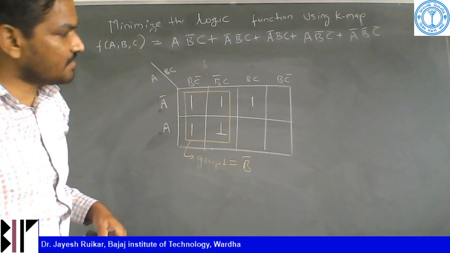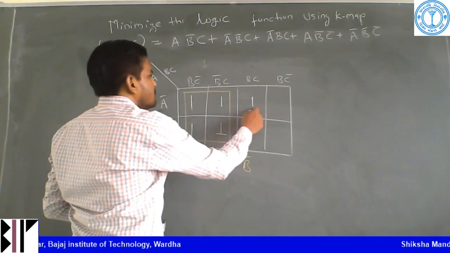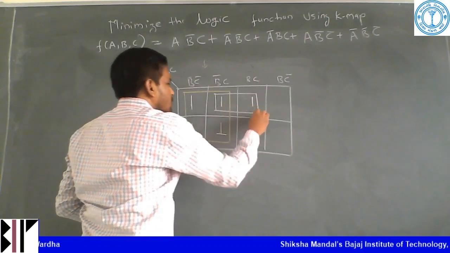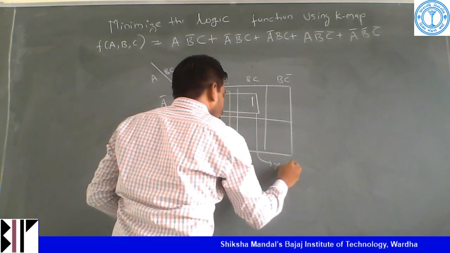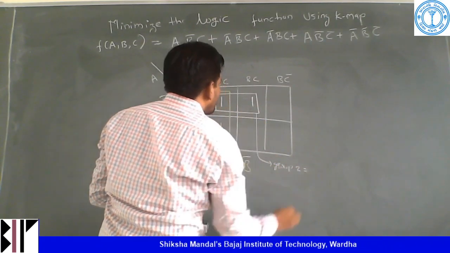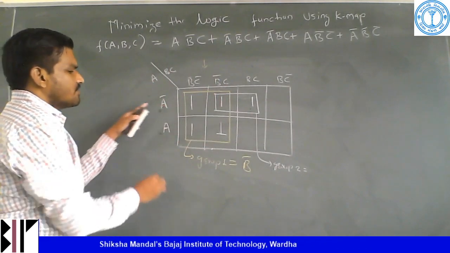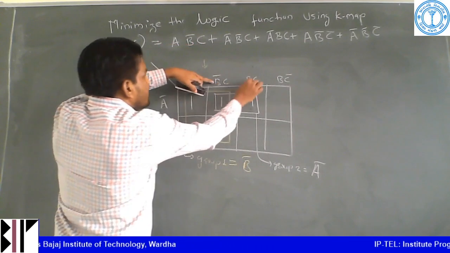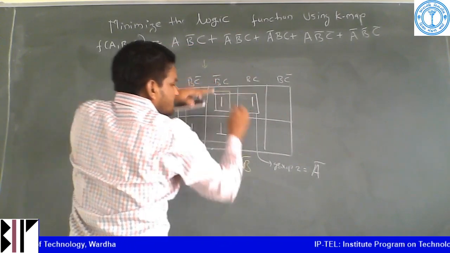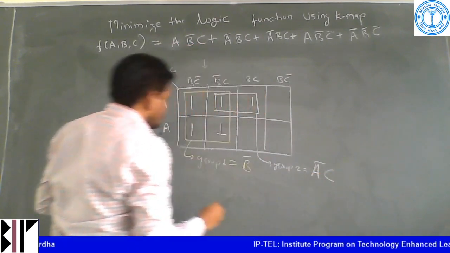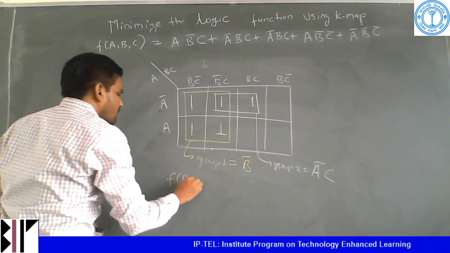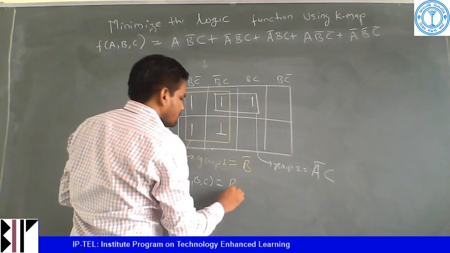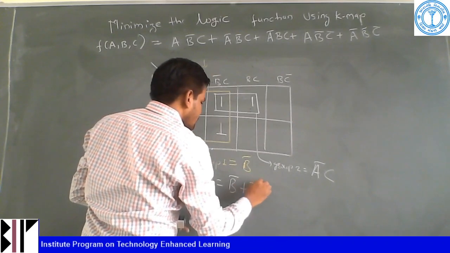What is remaining is this one, so we can overlap and form another group. This is my group 2, and the equation is, from this side A bar, and from top side B bar and B get cancelled, so C is remaining: A bar C. So the final minimized equation for this function is B bar plus A bar C.